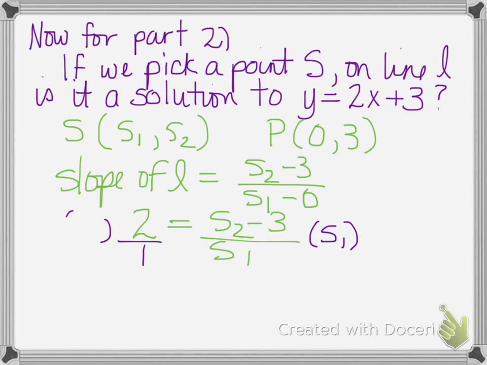They're equivalent, right? If I multiply both sides by S1, then this cancels, and I get 2S1 is equal to S2 minus 3. And if I rearrange that, I'm going to add 3 to both sides here.